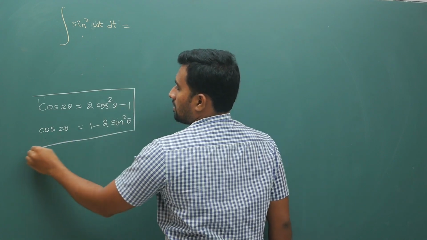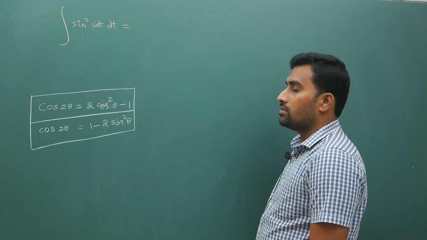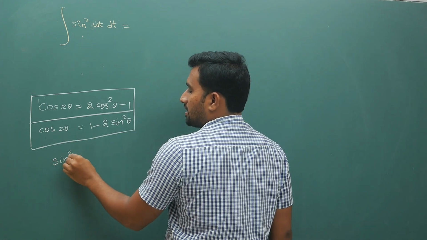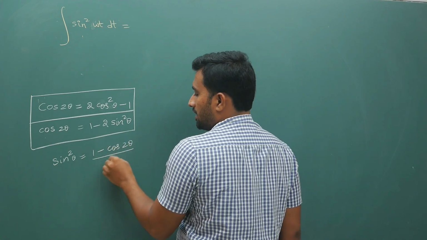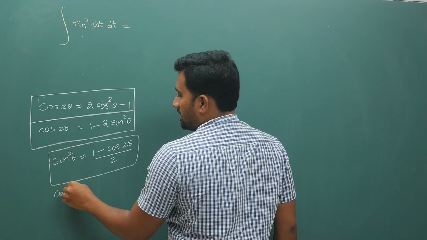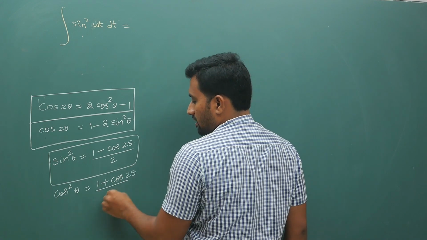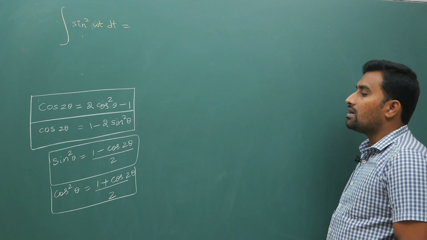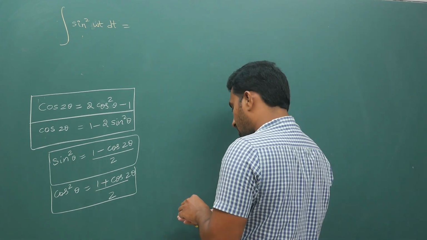So this is what you have. From this, sine square theta is 1 minus cos 2 theta by 2, and cos square theta is 1 plus cos 2 theta by 2. So for the integral of sine square omega t, let us try to calculate for a full cycle.